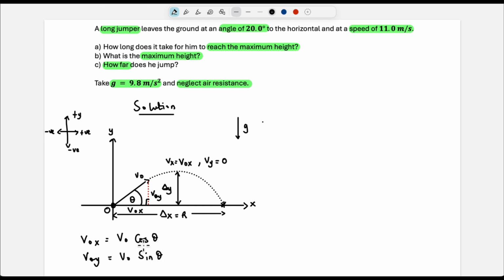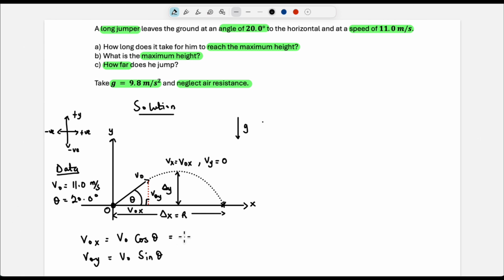So we can plug in our initial speed, because from the problem we are given that the initial speed is 11.0 meters per second and the initial launch angle is equal to 20.0 degrees. With this we can find the initial horizontal speed as well as the initial vertical speed.